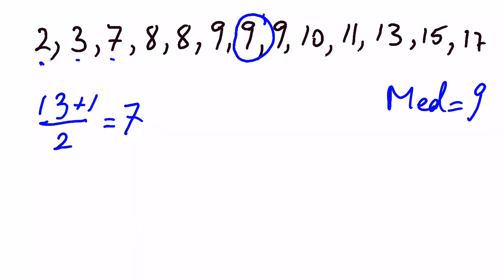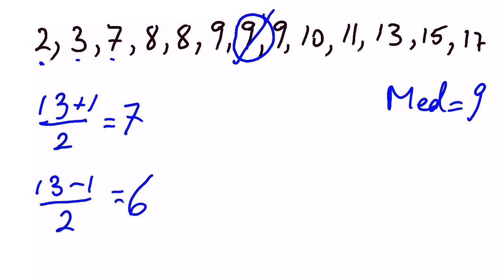Okay, now I've got an odd number, so I'm no longer using that 9. So I'm now going to go 13 minus 1 over 2 to find out how many numbers there are on either side. That gives me 12 over 2, which is 6. I've got 6 numbers, which is even. That's nice and easy.